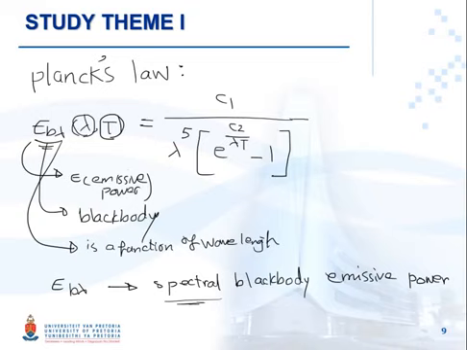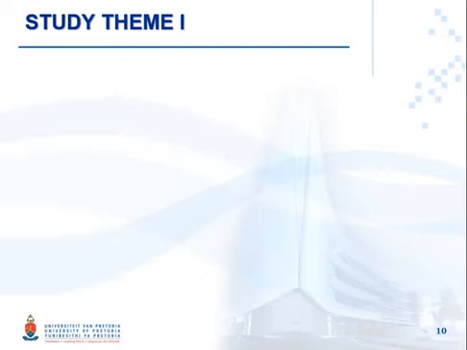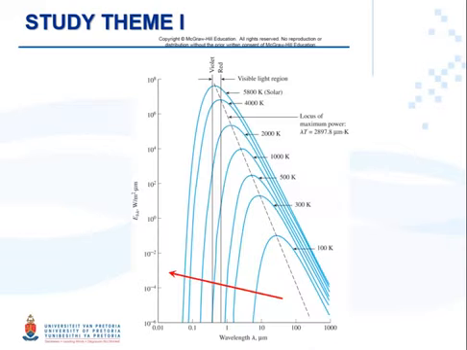Okay, let's go to this slide. What you can see in this graph is that as the temperature goes up, it looks like the black body is emitting more energy. Well, that's something that we expect, am I right? This picture shows E_b lambda, spectral black body emissive power, versus wavelength.